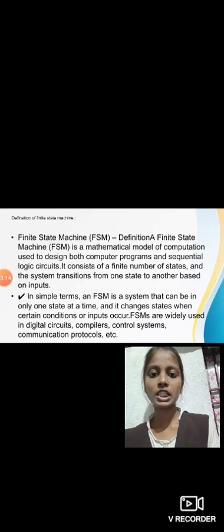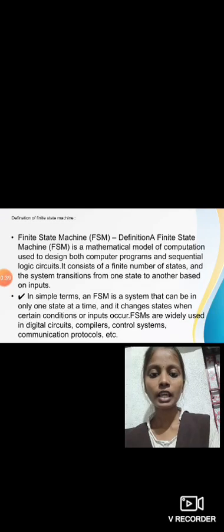Definition of finite state machine. A finite state machine is a mathematical model of computation used to design both computer programs and sequential logic circuits. It consists of a finite number of states and the system transitions from one state to another based on inputs.